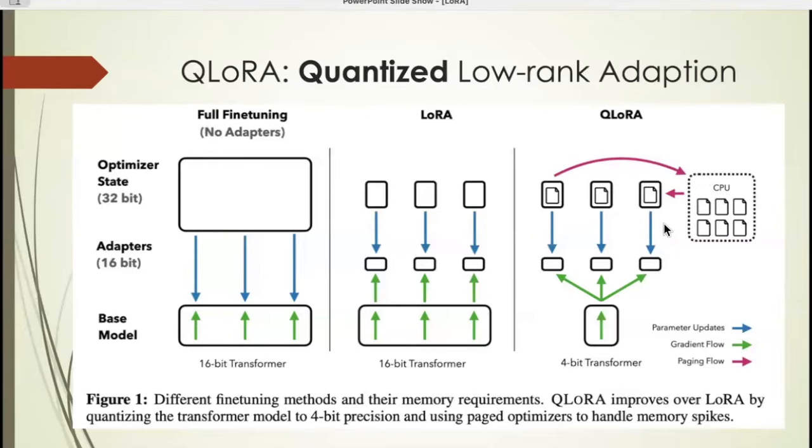So basically, QLoRA is able to do this memory management between GPU and CPU. They call it paging, so that we can train a large model using just one GPU. Of course, that one GPU also needs to be powerful. But it makes it possible to train a large model with one powerful GPU.